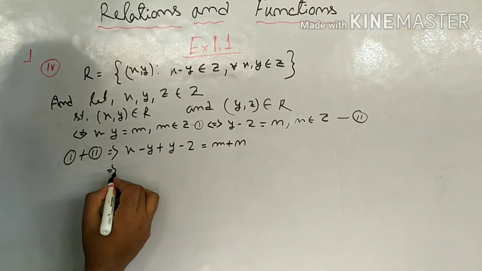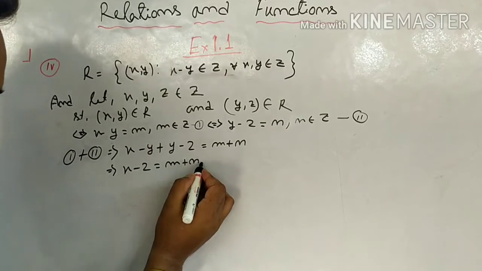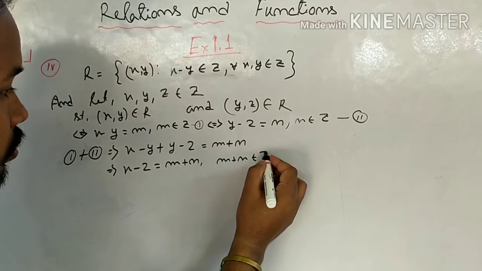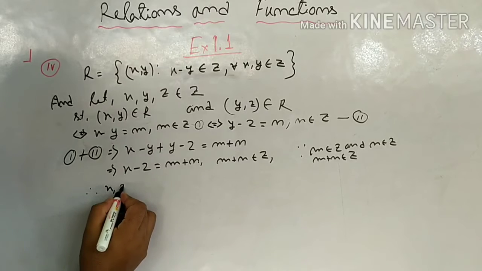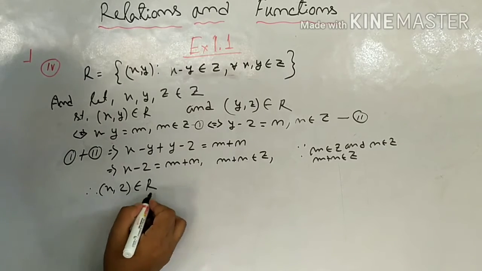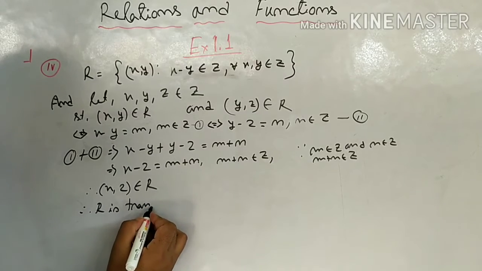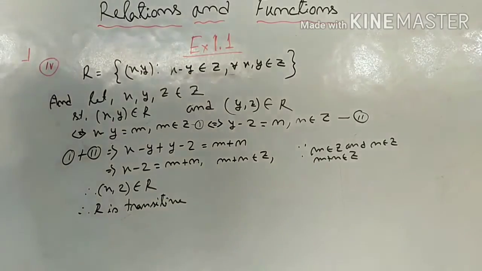Since m and n are both integers, m + n is an integer. So x - z = m + n, where m + n belongs to Z. Therefore (x, z) belongs to R. Therefore R is transitive. All of you understand? All of you write down.